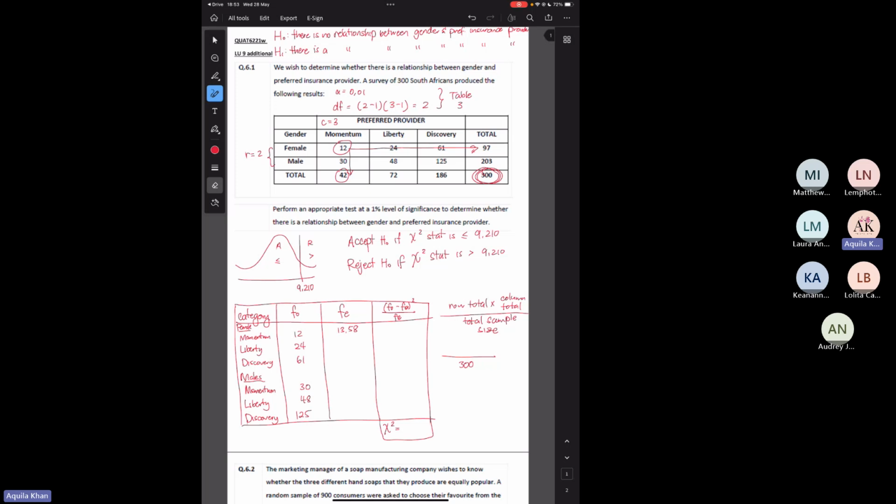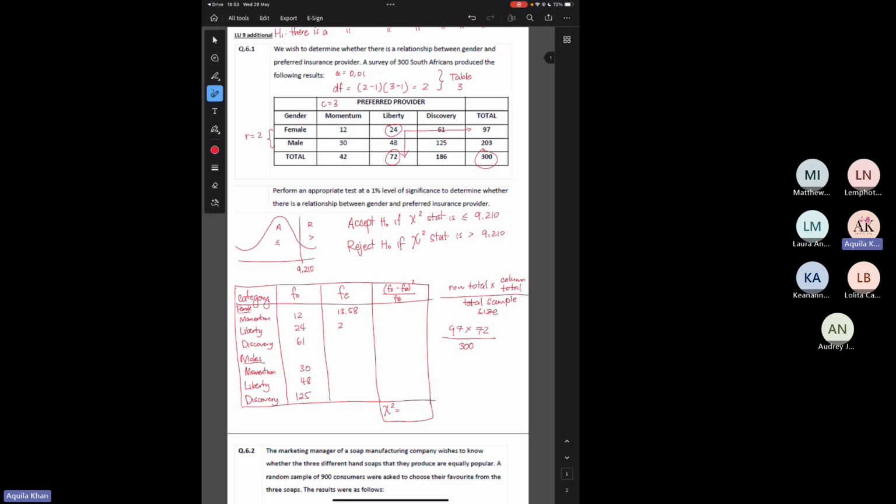Then the next one, again, exactly the same idea. The next one we went to was Liberty. So the row total is 97, multiplied by its column total, 72, divided by the sample size, which is 300. Basically the denominator never changes because it's always going to be the sample size, which in this case is 300.